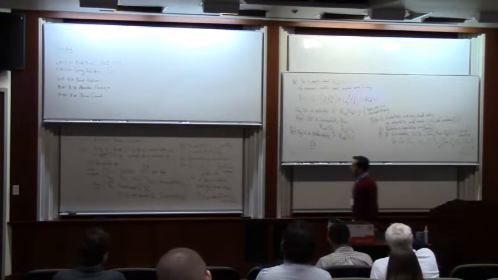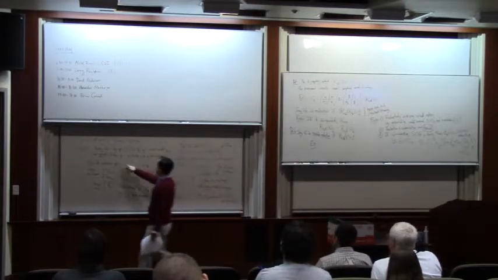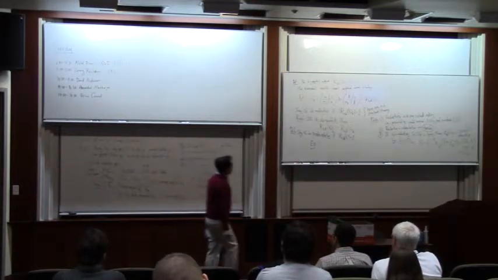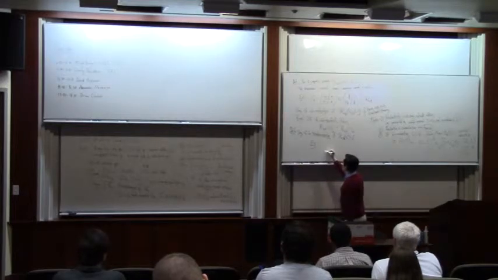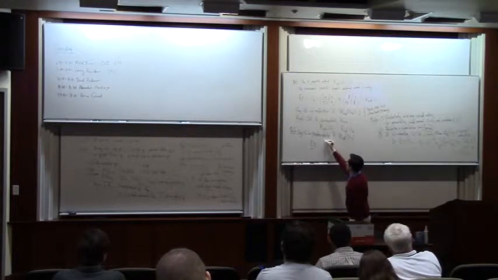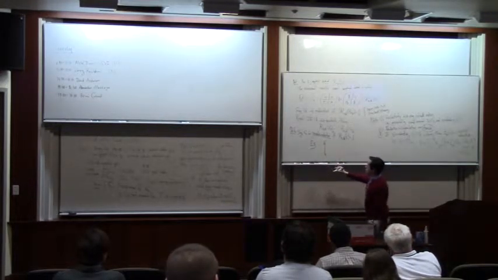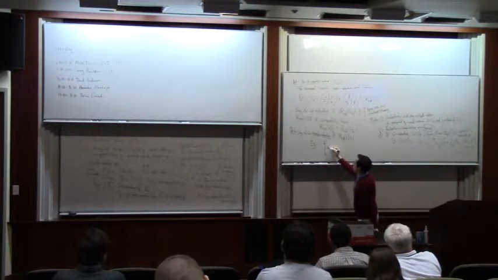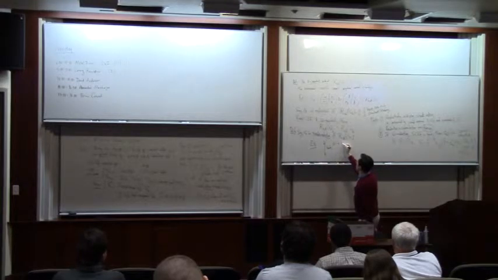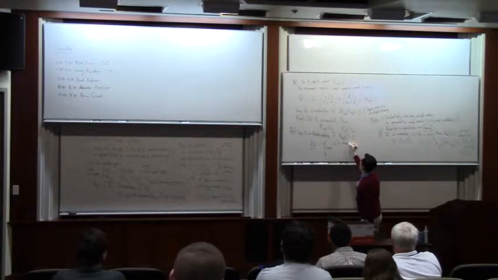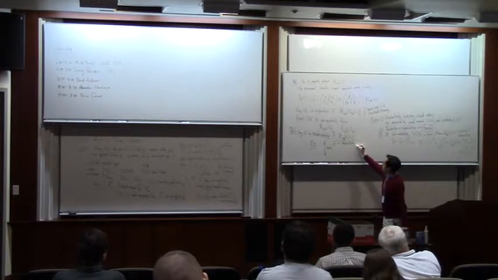I start with my field K, and let me assume that it is not perfect. So I have my field K, and I have some finite extension. And up here, suppose I give you some G prime, which will be a reductive group. Okay? So this is over K prime.